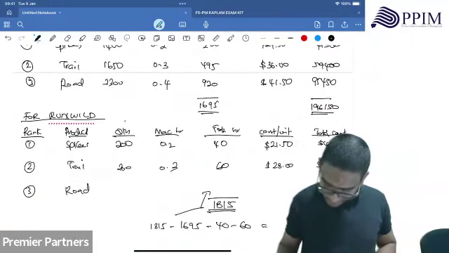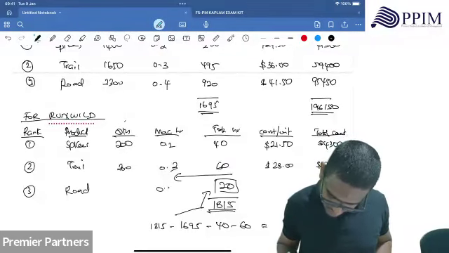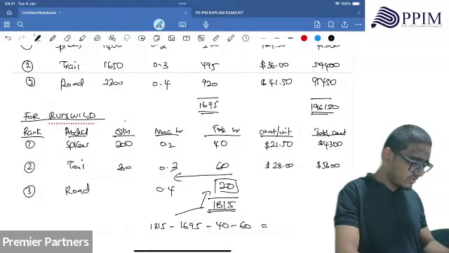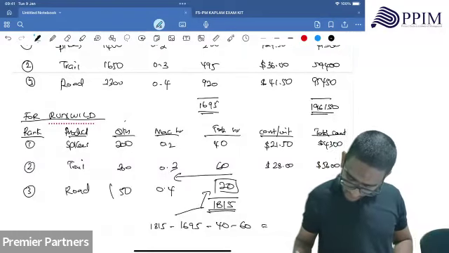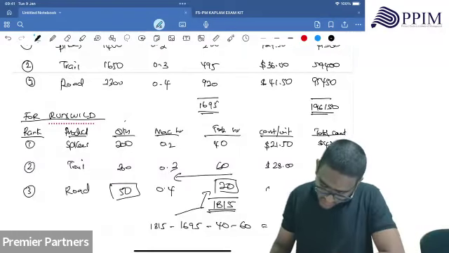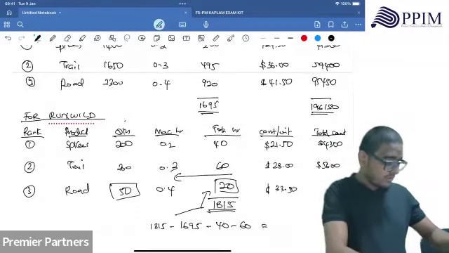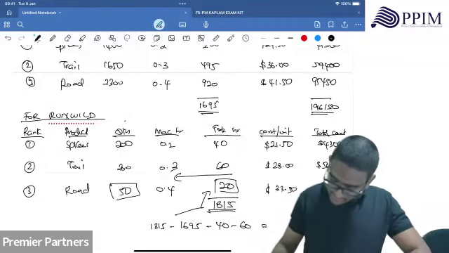Yeah, 20. So you have only 20 hours. Each shoe needs 4. So you can do around 80 shoes, right? 50 shoes. 50 shoes, each giving you a contribution of 33.5. 1,675.